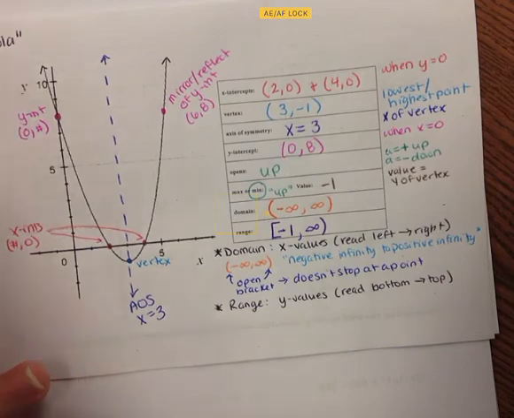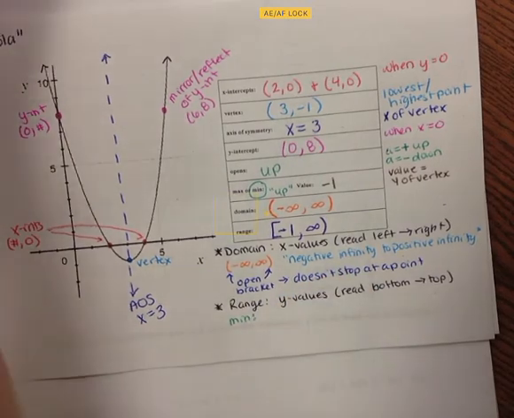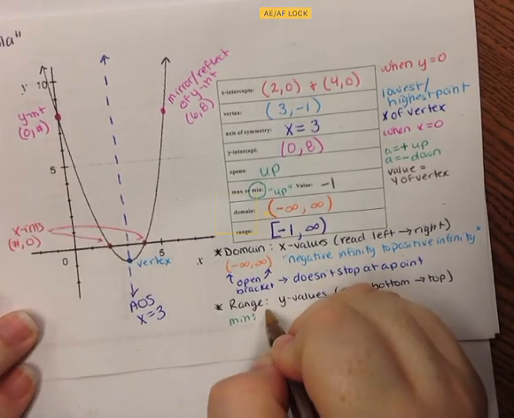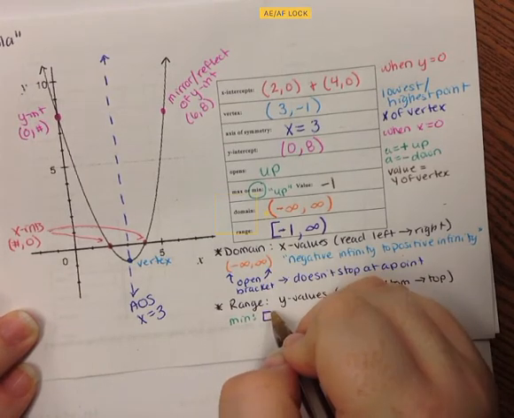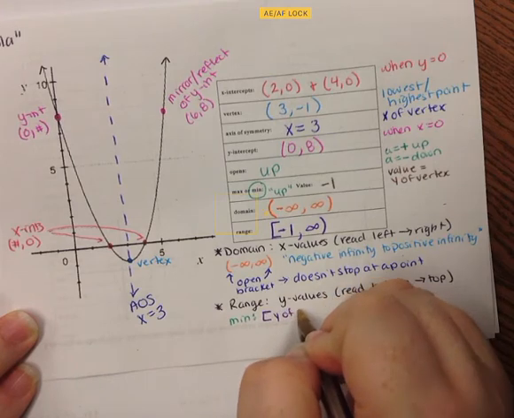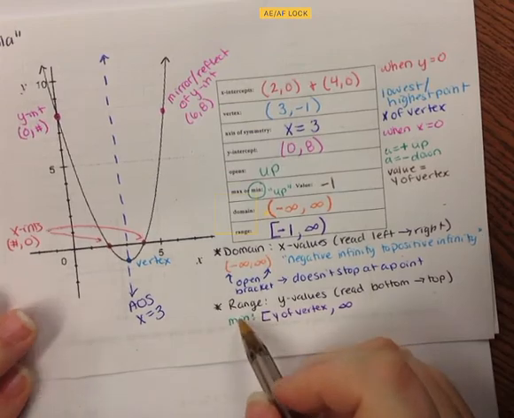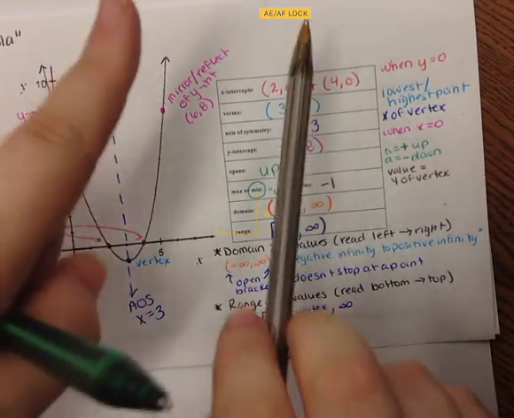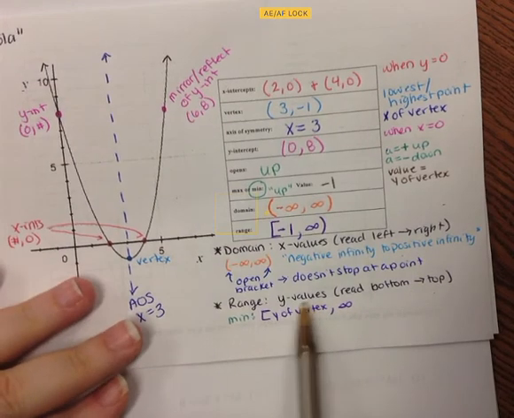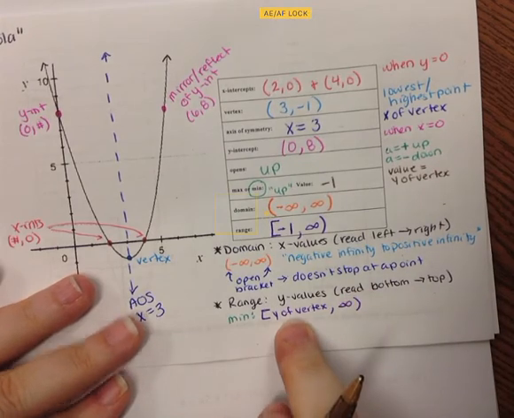So if your vertex is a minimum, your range will be a very specific value. You'll actually write it as a closed bracket, and then you'll have the y of your vertex, comma, positive infinity. Because if it's a minimum, that means it's opening up. That means it'll keep going up and up forever, so it'll always hit the positive infinities. But we have the smallest value, so we always put the smallest value first.